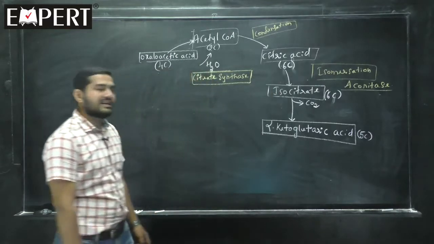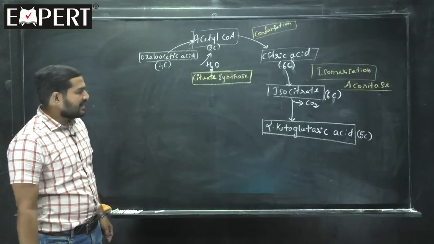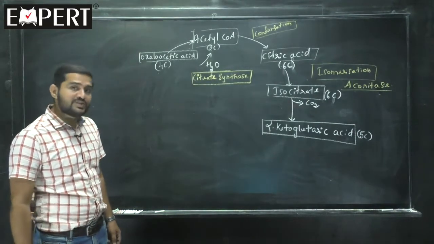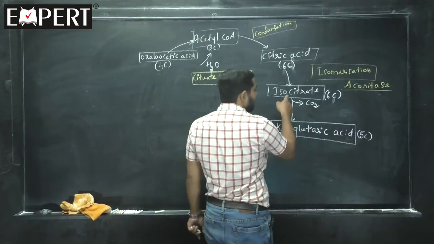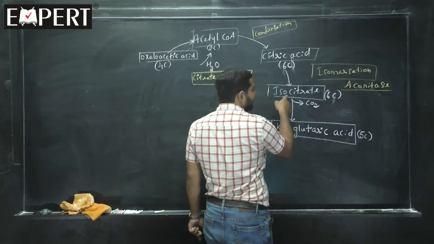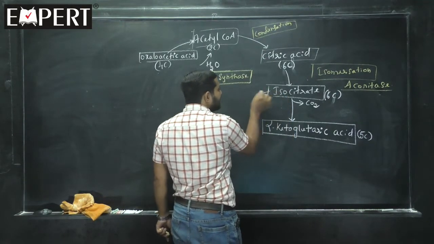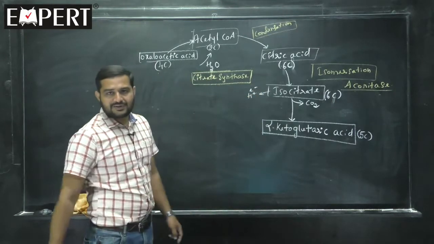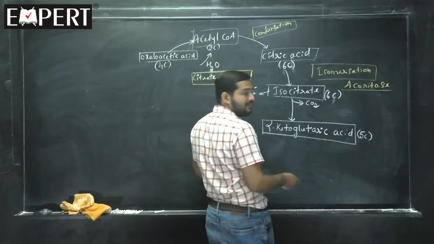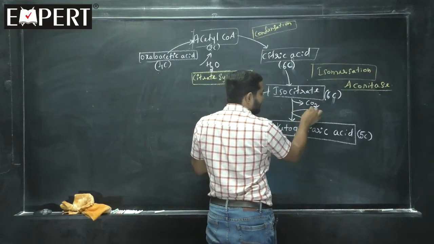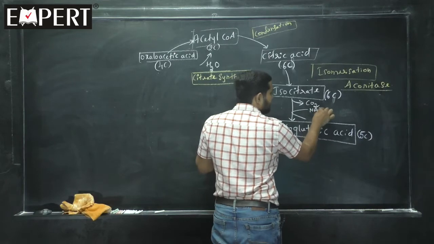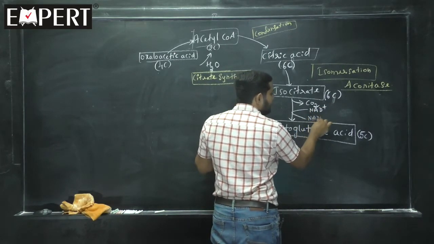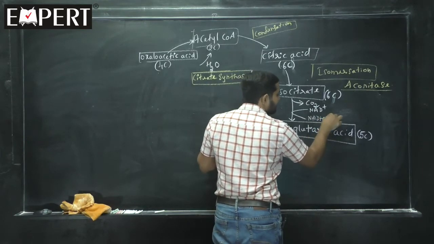That's a decarboxylation. Okay. It is not only decarboxylation, but also a dehydrogenation. So isocitrate is going to lose electrons and protons. Whenever electrons and protons are lost, there should be which chemical? Tell me. The chemical is NAD plus, which is going to become NADH plus H plus.